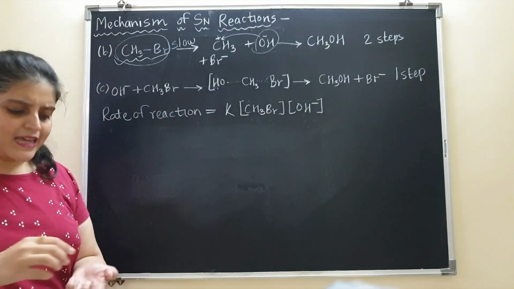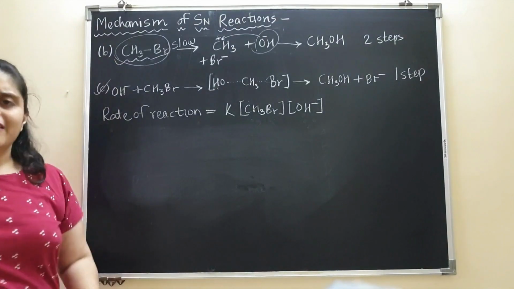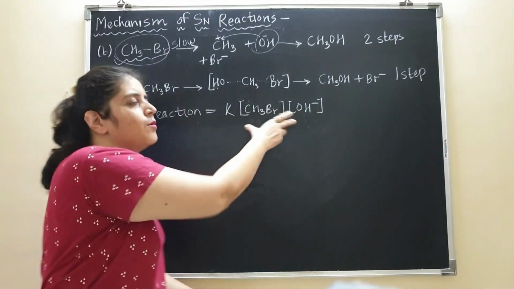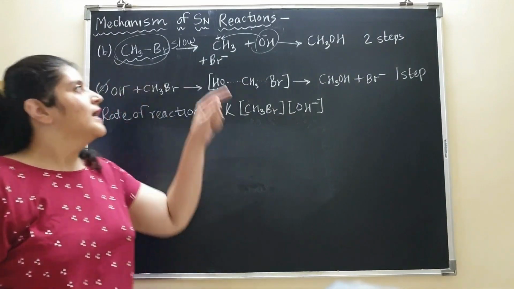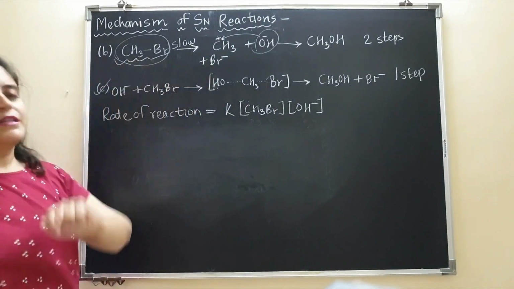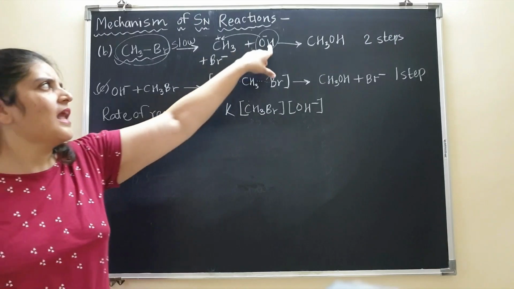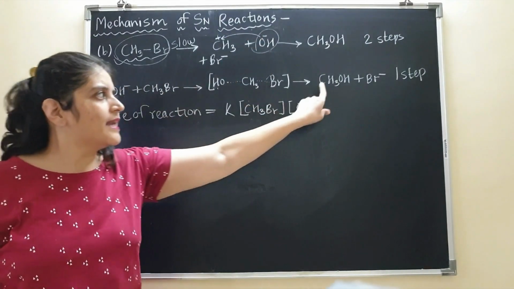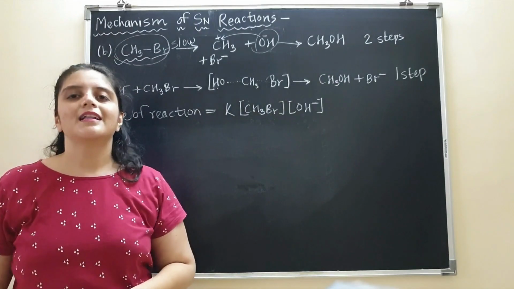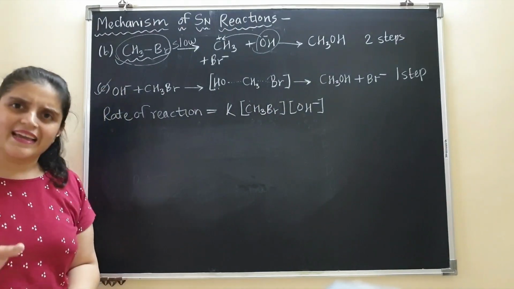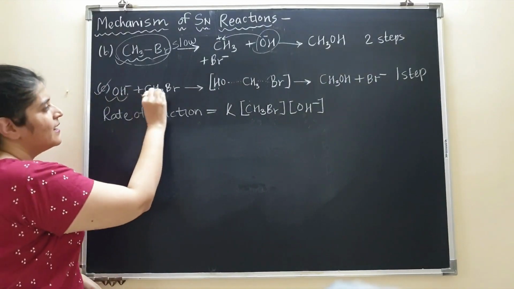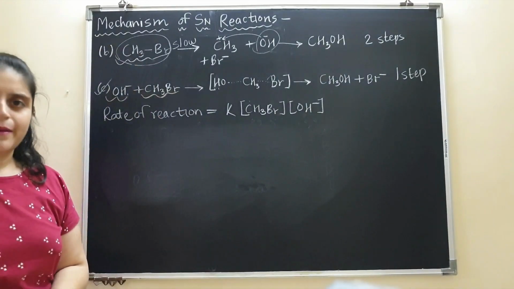So ऐसा वाला एक ही मैकेनिज्म है ये C वाला, बिकॉज ये एक ही स्टेप का मैकेनिज्म है. सो एक ही स्टेप में दोनों भी रिएक्टेंट आने ही चाहिए. इधर कैसा था? पहले वाले स्टेप में सिर्फ CH3Br था और दूसरे वाले स्टेप में OH माइनस आता था. But since this mechanism C is a single step mechanism, उसका एक ही स्टेप है. सो एक ही स्टेप में न्यूक्लियोफाइल भी आता है and CH3Br भी आता है.